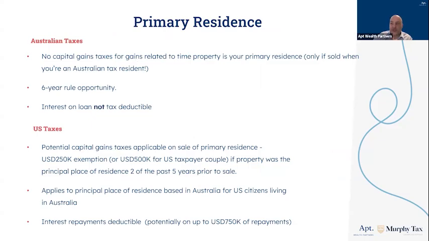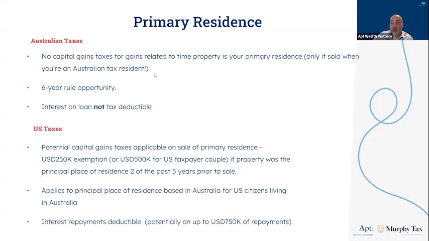From an Australian tax standpoint, the primary residence is capital gains tax free for the period of time that it is considered your principal place of residence, so long as you sell it as an Australian tax resident, which is very important.